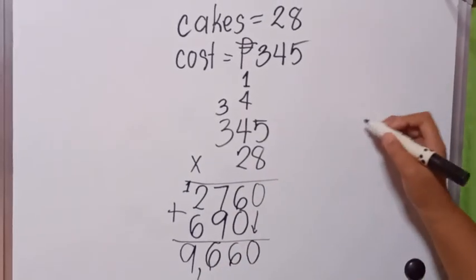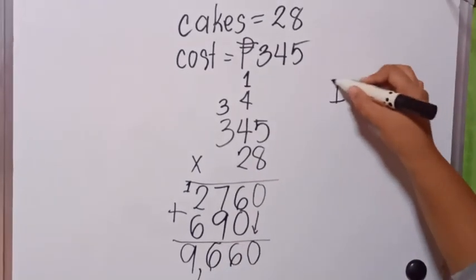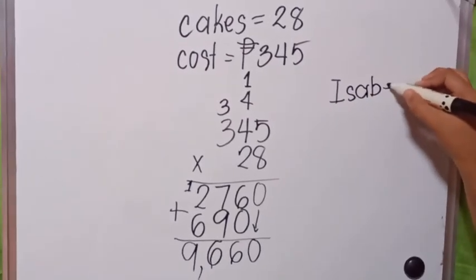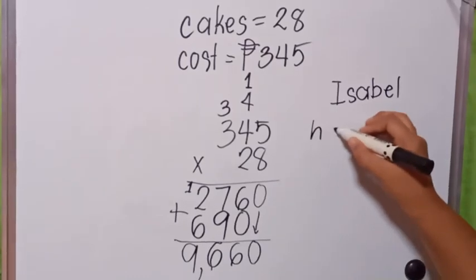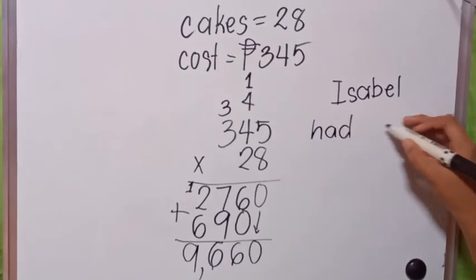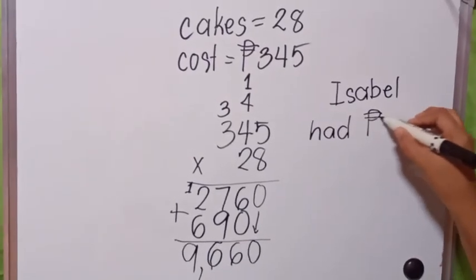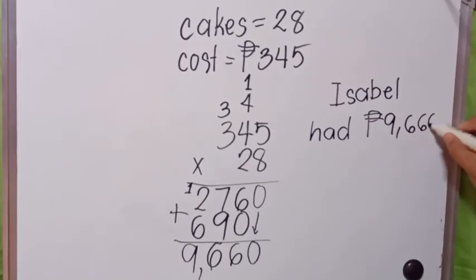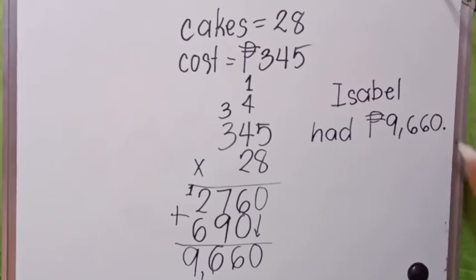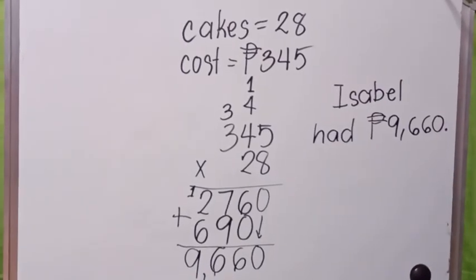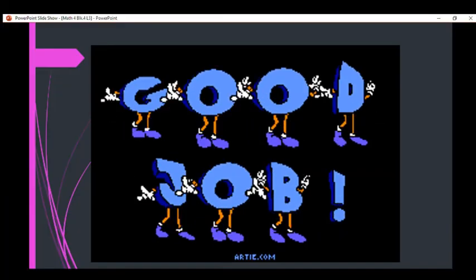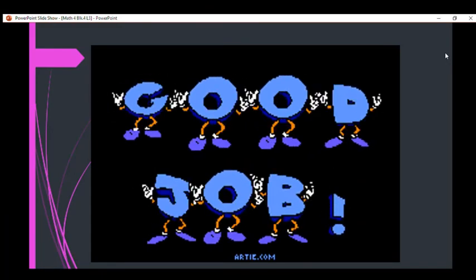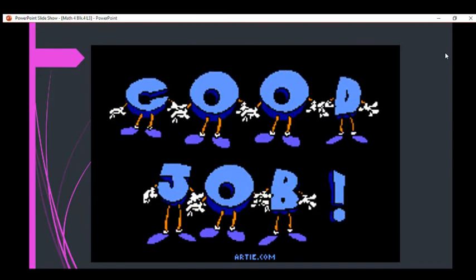So, we can say that Isabel had 9,660 pesos earned. Good job! You got the correct answer.